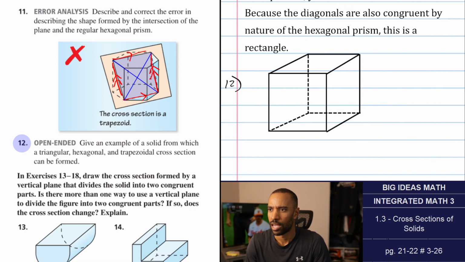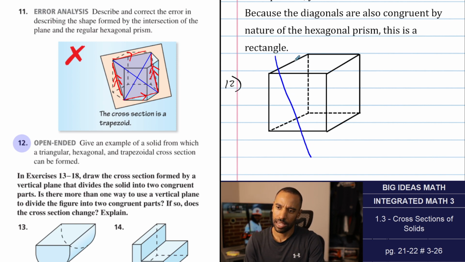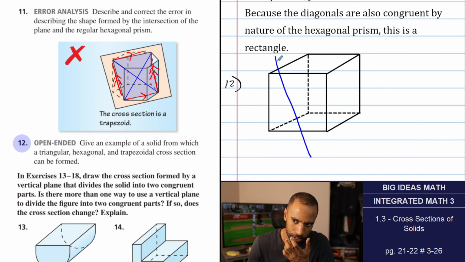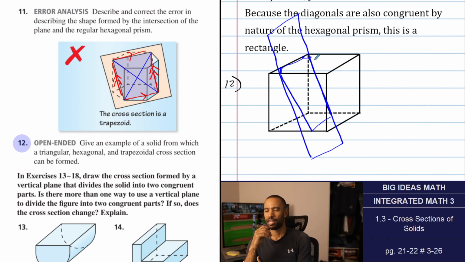How about this? How about if I go through diagonally like that, but I enter and exit on these parts here. So I have to hit the back side. I have to like hit right here, but right there, and then downward and out the other side. Would that make a hexagon?